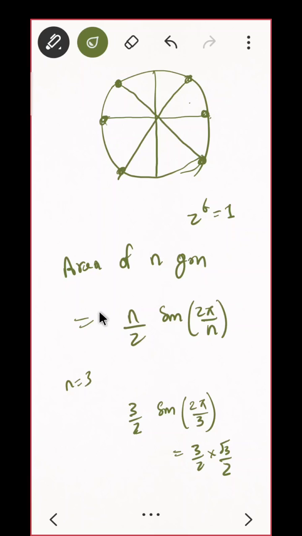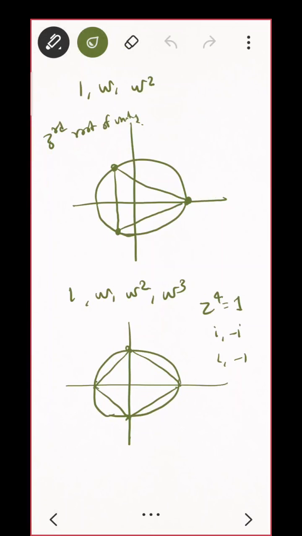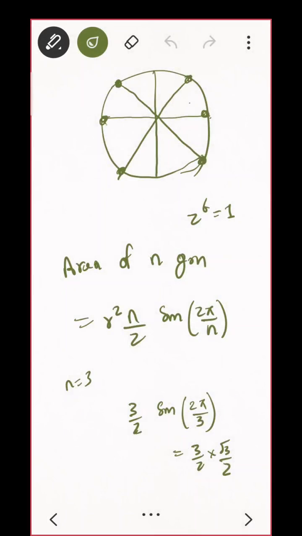In the formula there is r square, because it depends on your r. So actually it is the formula of the area of an n-gon, or you can also say the area of an n-gon inscribed in a circle. There is a circle outside. Inscribed in a circle. Correct. So r square n by 2 sine 2 pi by n.